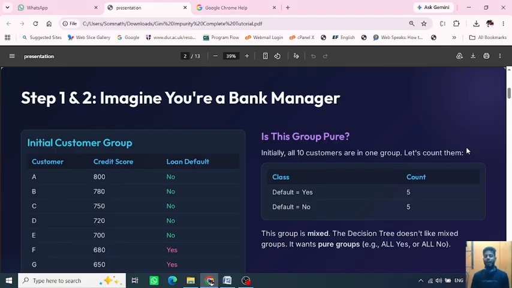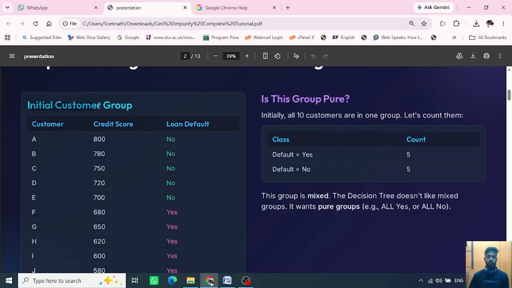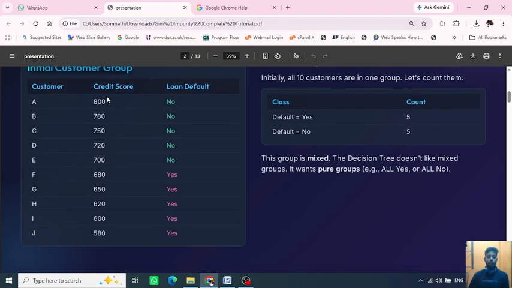First, imagine you are a bank manager and you have a data set like the initial customer data group: customer A, credit score is 800, loan default no, then no, no, no, then again yes.